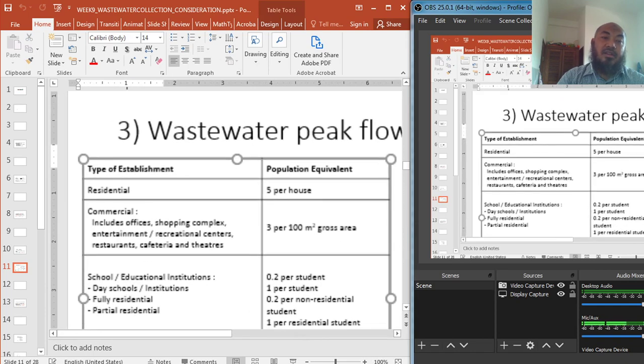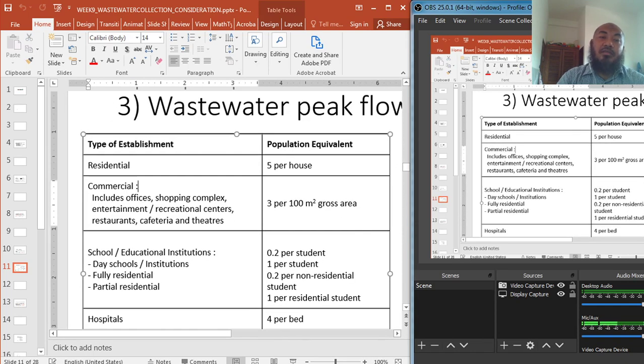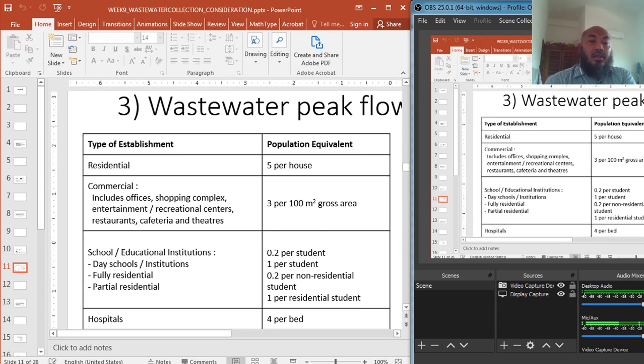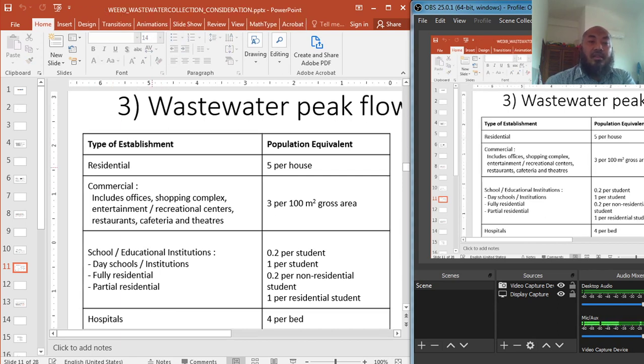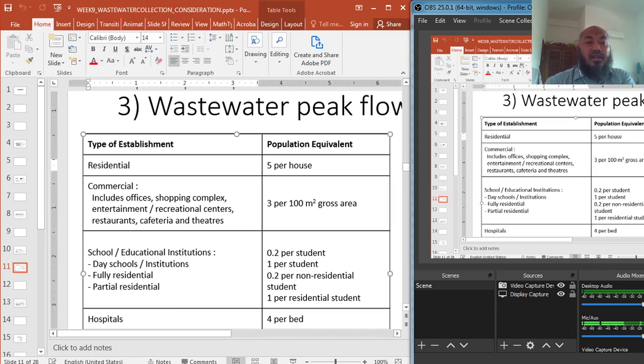I mean, this is the population equivalent. Remember, population equivalent. For example, let's say a residential area. In your land use plan, you estimate how many houses are in the residential area.